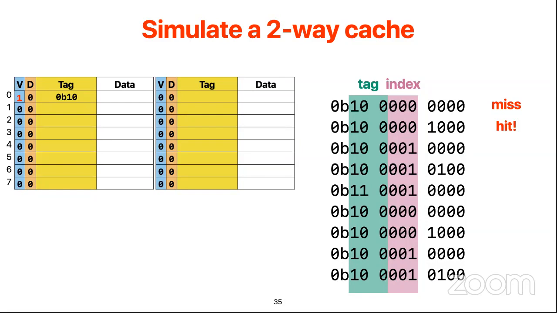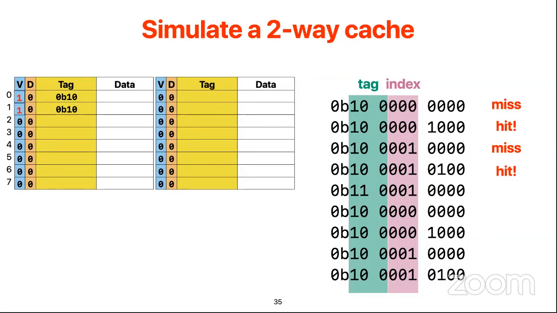Hit or miss? Miss because there's no data at that index. Okay, so what should we do? We'll retrieve from the next level. Yep. Okay. Next one, hit or miss? It will be a hit because in the same index, we can find a block, right?